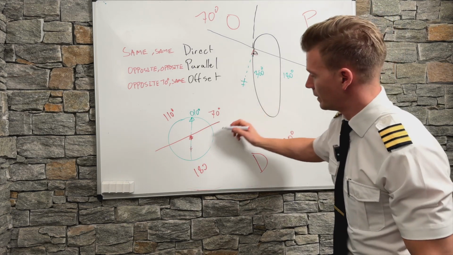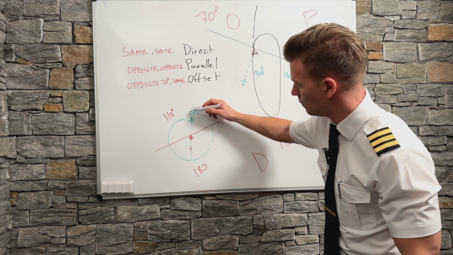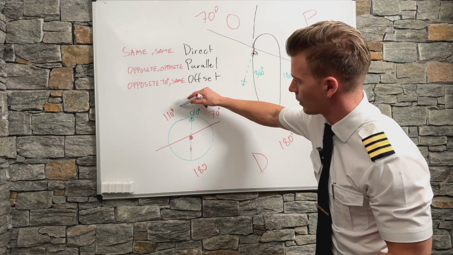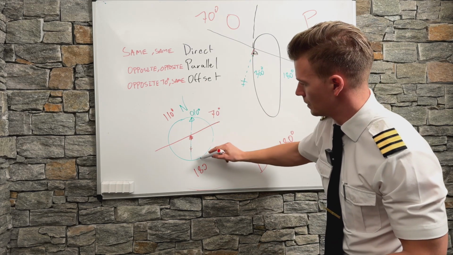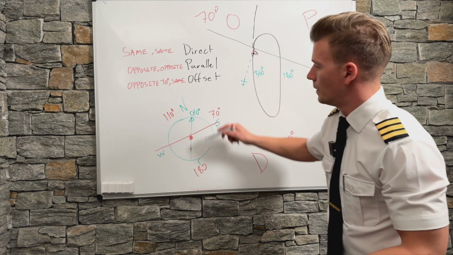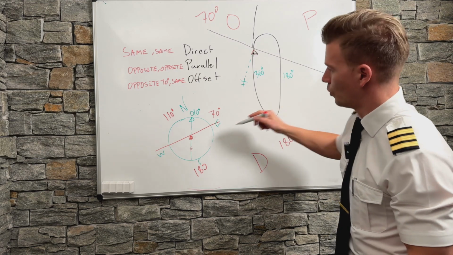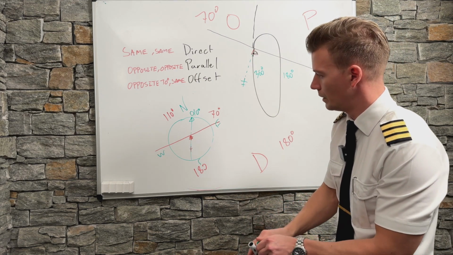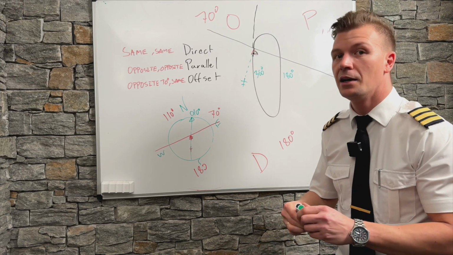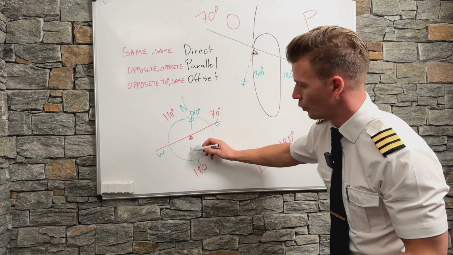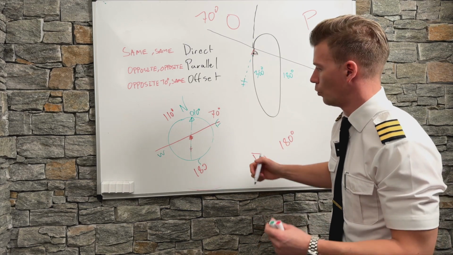So the radial is 180, and I always like to think in terms of cardinals. So it's good to locate the cardinal headings, north, south, east and west, right? The radial is 180. So what we can do is draw the hold on the instrument itself, and it's going to be an accurate representation of where we are compared to the actual hold.